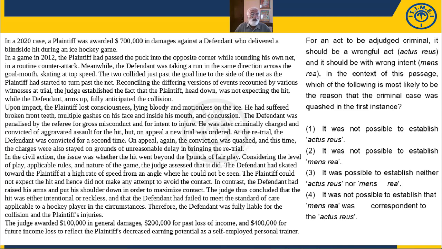No, we could establish that. We know what exactly the accident was and how it happened. It was not possible to establish mens rea. That's right. That's why the judge says either intentional or reckless, because he didn't have enough evidence to establish exactly that. So it was not possible to establish mens rea. So 2 then becomes the answer to this question.